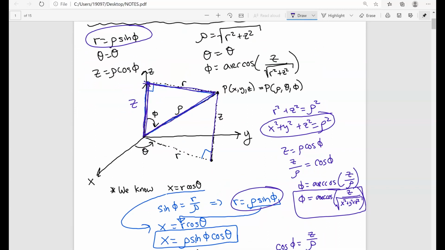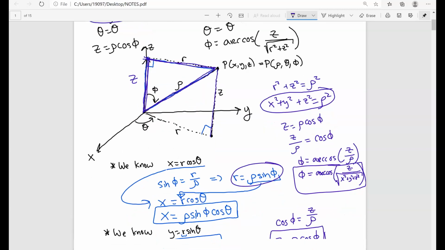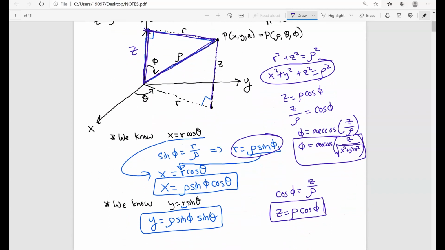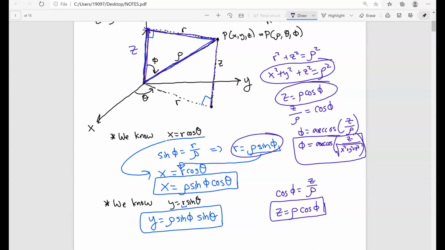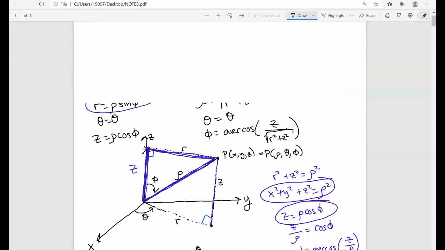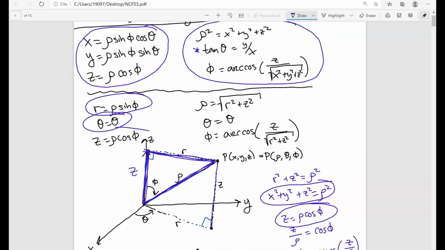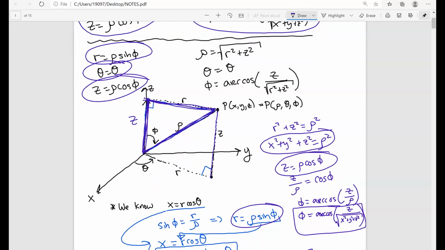Theta is theta, because it's the same exact thing in spherical and cylindrical. z equals rho cosine phi, I'm sorry, we got that from over here using this triangle. So these were all good. We already did them when converting rectangular to spherical.